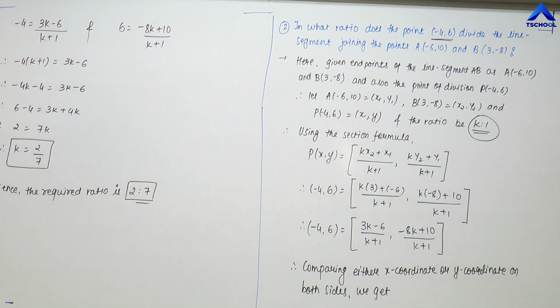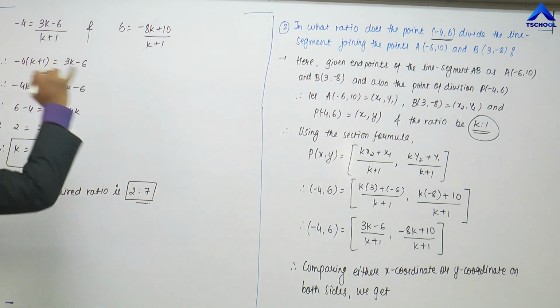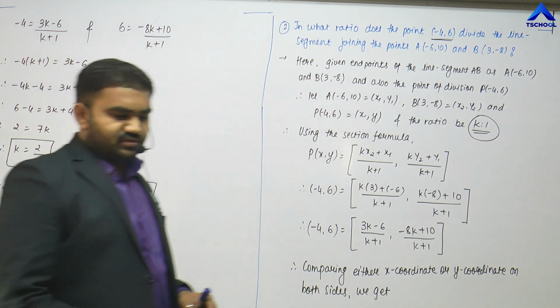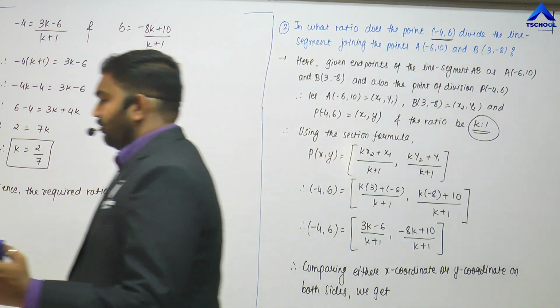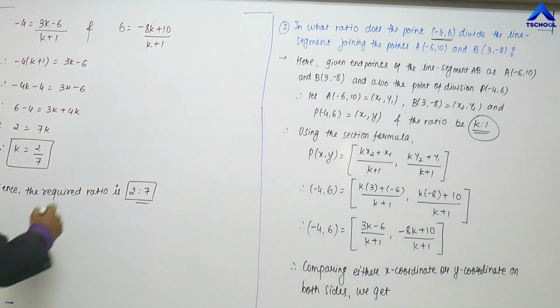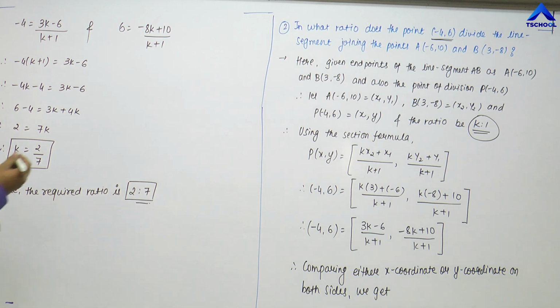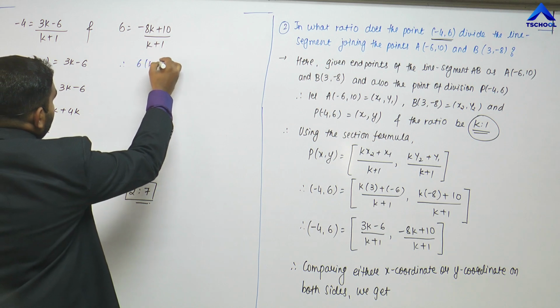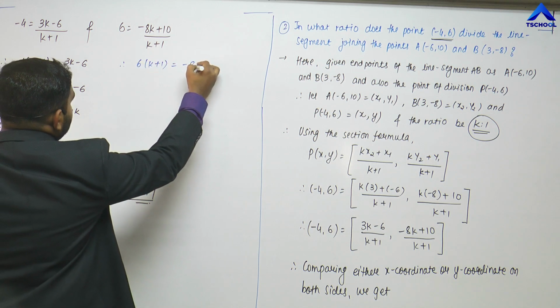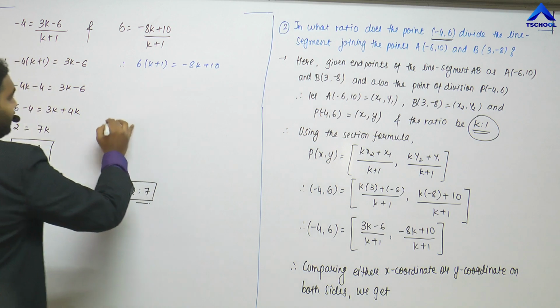Now let me confirm one more thing here, that sometimes there are some students who say that, sir, we don't want to compare x coordinates. What happens if we compare the y coordinates? So for them also I am going to solve here what if we compare the y coordinates. That will give me 6 into (k + 1) is equal to -8k + 10.